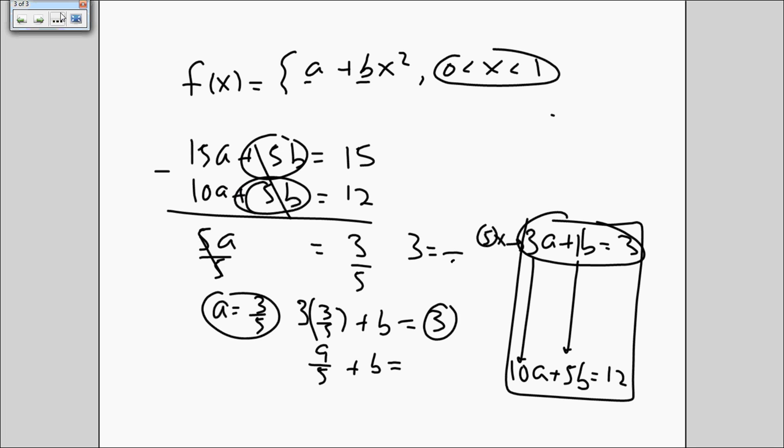You want to write 3 with a 5 on the bottom. 5 times 3 is what goes there, 15. So B is going to have a 5 on the bottom. 9 over 5 plus what over 5 gives you 15 over 5? Well, 9 plus 6 is 15. That's B. B is 6/5. A is 3/5.